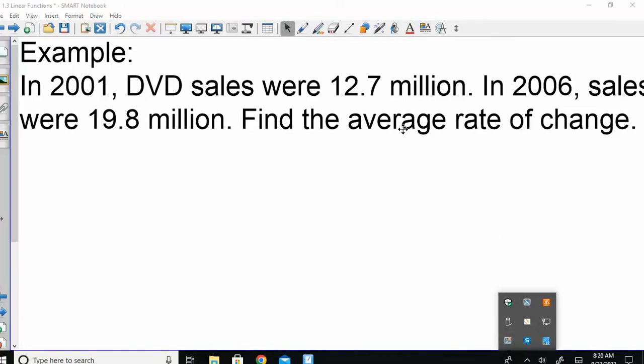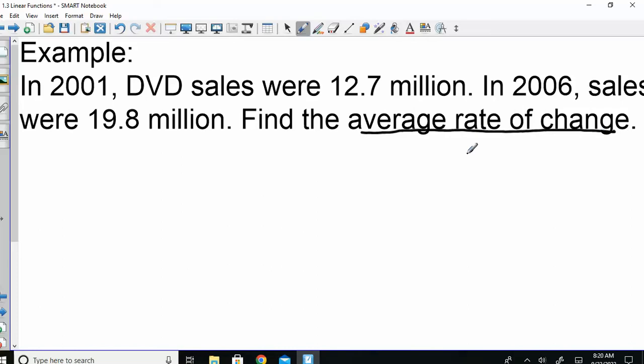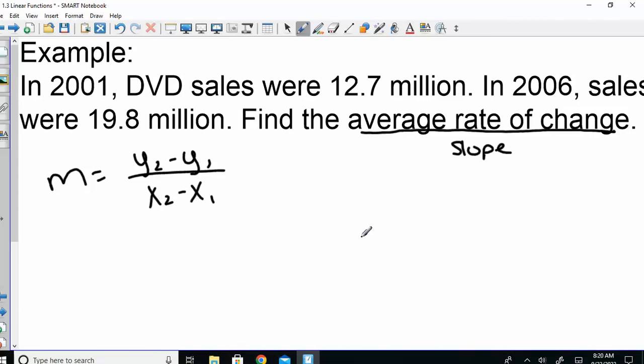Asking for average rate of change. What is average rate of change? Slope. Okay. So I have a lot of numbers here. How do you find slope? So I need some ordered pairs. 2001, 2006.